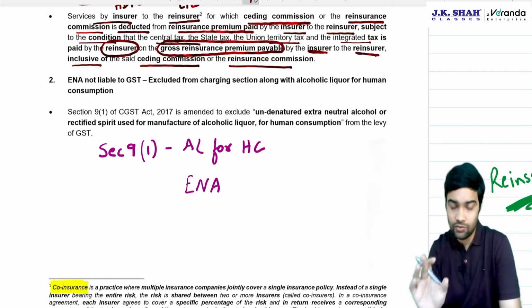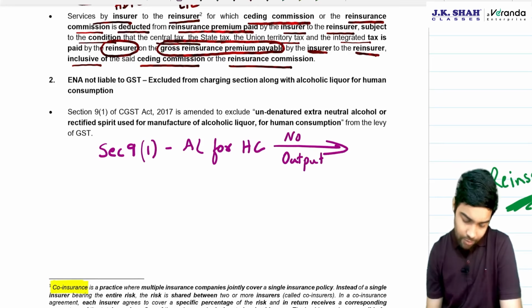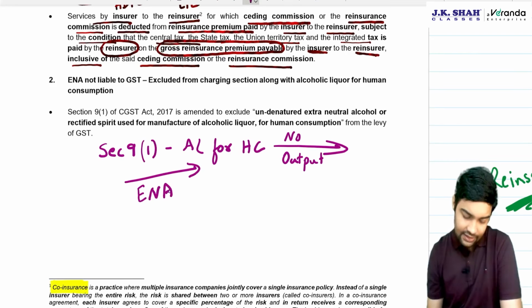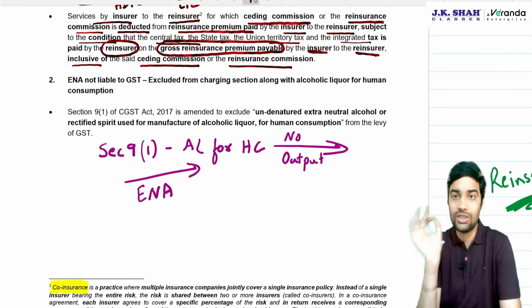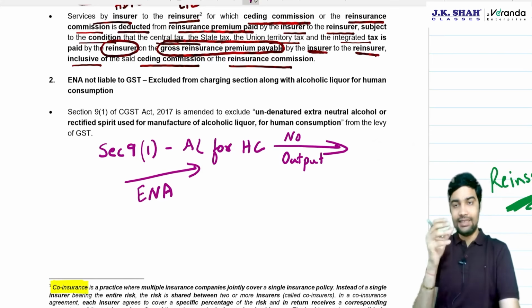Now, please understand what would happen. One of the key raw materials for alcoholic liquor is undenatured ENA, extra neutral alcohol. The content of alcohol in this is very high. That's why it's called extra neutral alcohol.